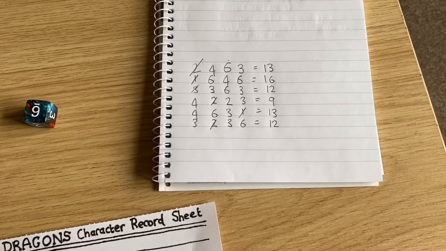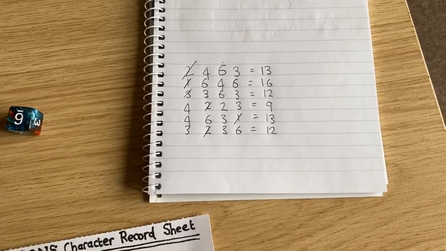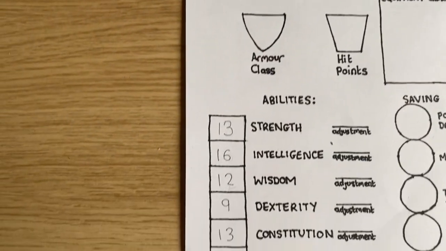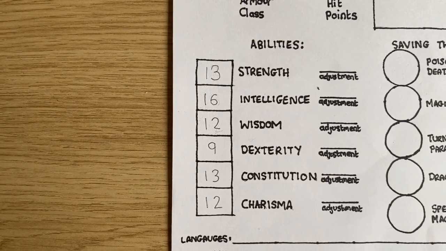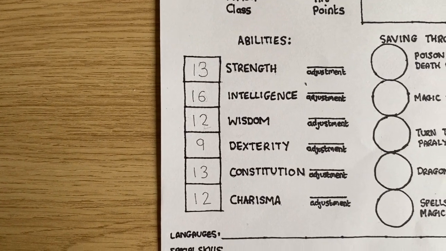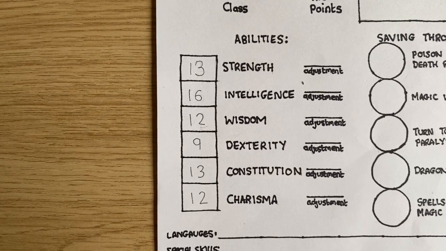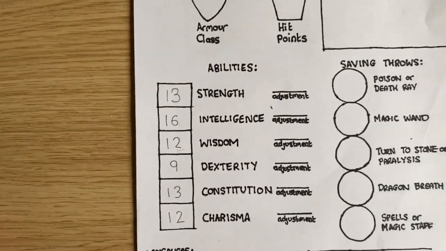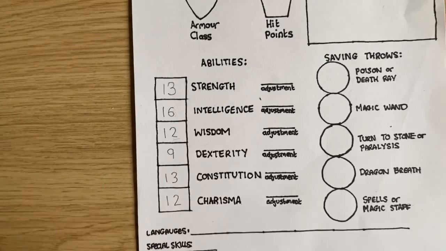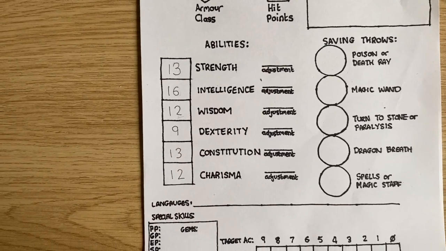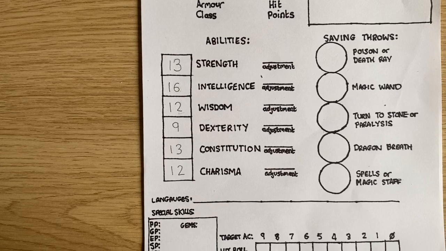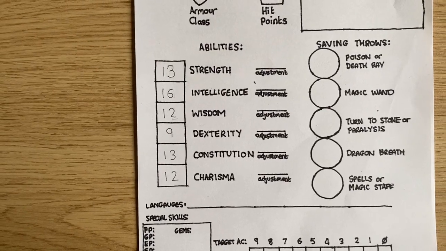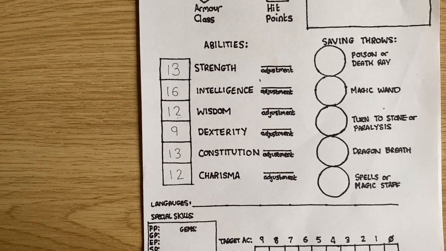I've finished generating my ability scores. I scored 13, 16, 12, 9, 13 and 12. They're not too bad. We've got 13 strength, 16 intelligence, 12 wisdom, 9 dexterity, 13 constitution and 12 charisma. They're not bad scores. I would also say, as it says in the player's manual, if your highest score is lower than a 9, then I would advise discarding that character and starting again.